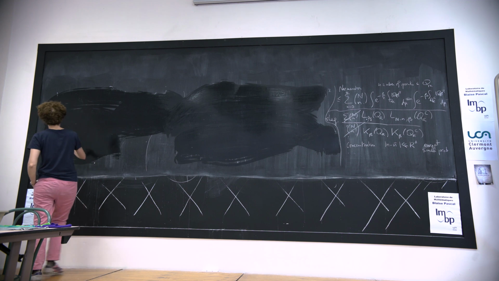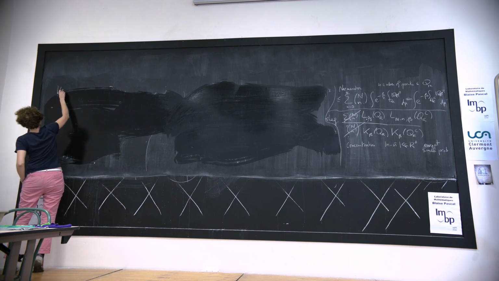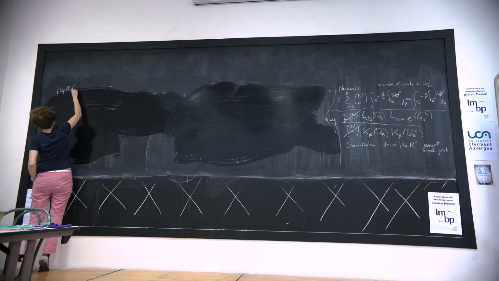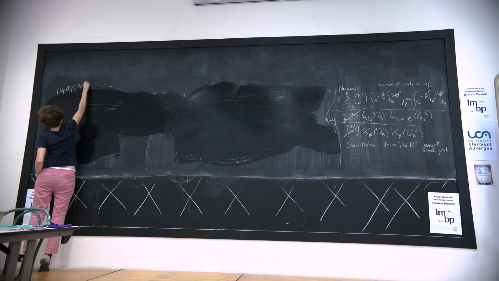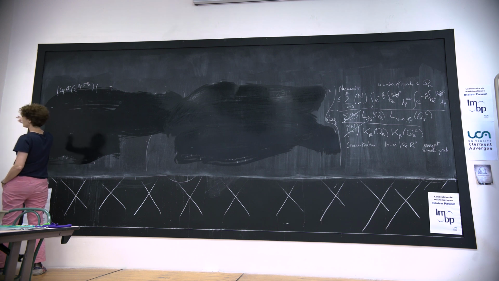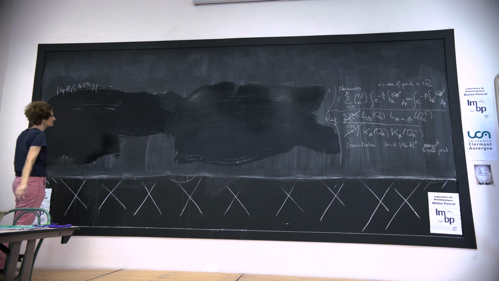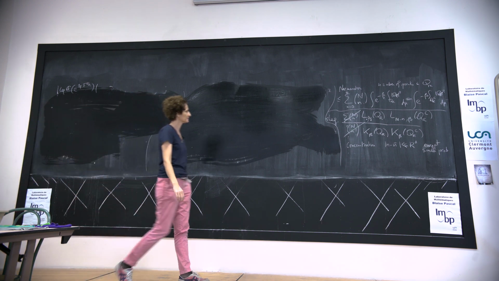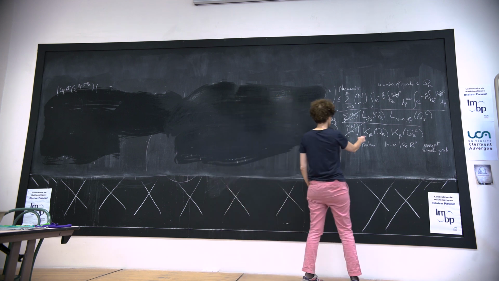Okay, so we started with this quantity, right? Log, expectation, e to the beta over 2 f cube r. We rewrote this as a ratio by definition of the expectation. And we find that it's bounded by this.